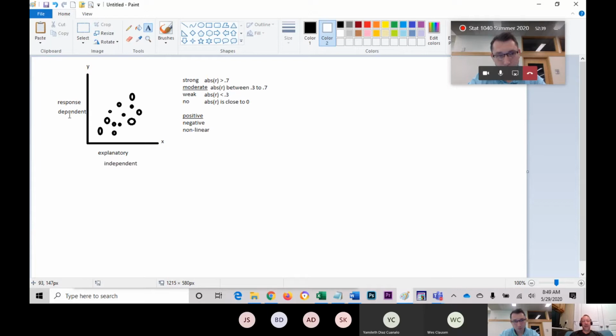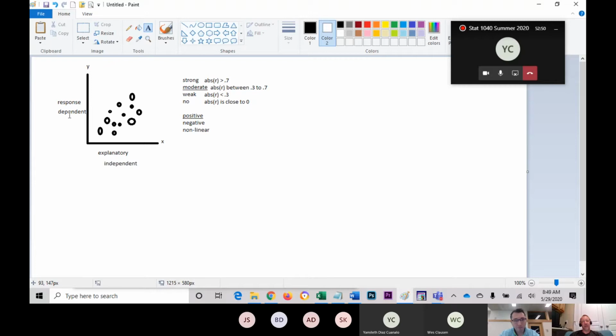Think of it this way. Does your shoe size explain how tall you are, or does how tall you are explain your shoe size? This one's always a tough one, because you could actually argue this both ways.